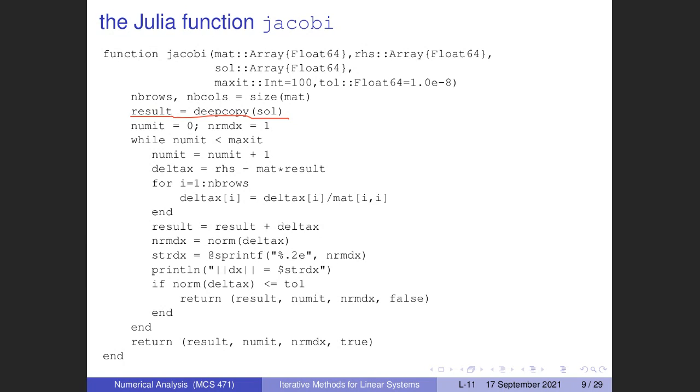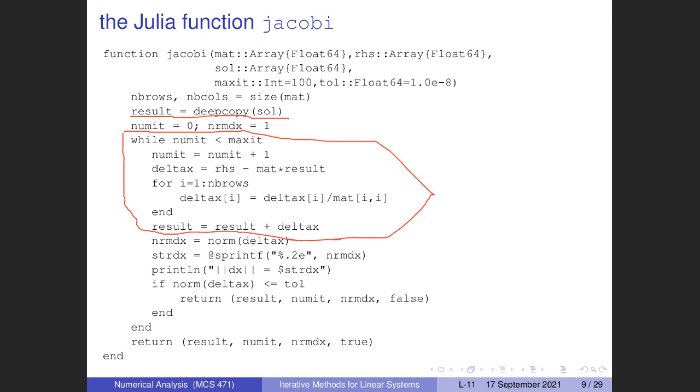Then the method is actually summarized in this loop here. For once, we don't use a for loop, but we use a while loop with an explicit iteration counter that is initialized to 0.